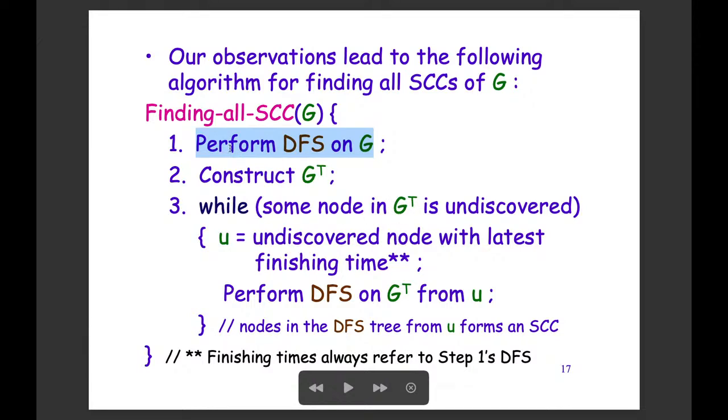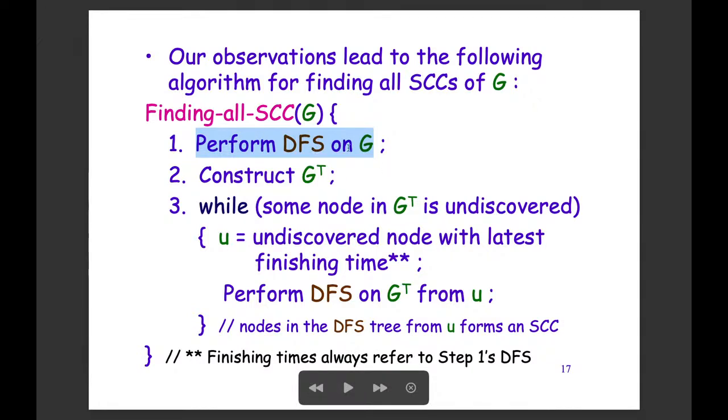So we will first get a node according to the largest finishing time, and then run DFS on it, and then update the nodes that are being discovered. After that, we will try to extract the next node according to the latest finishing time, and then we check whether the node is discovered or not. If it is not, then we run DFS. If it is discovered already, then we will move on to the next node, until we find one which has not been discovered, and then run DFS on it.